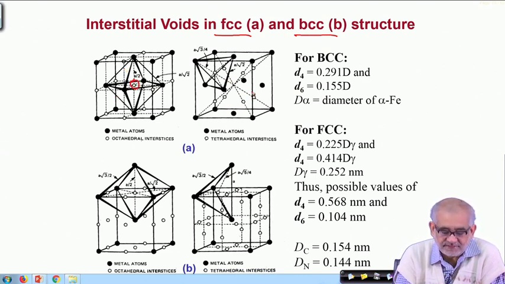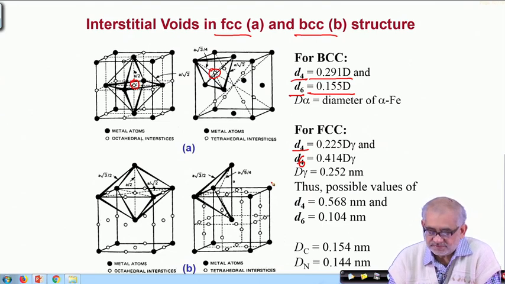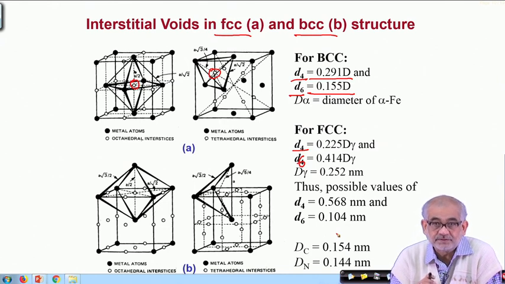So in case of FCC, this is how we can calculate the size of the void, and if this is the diameter of the iron atom in the BCC form, this is how one can calculate the tetrahedral or the octahedral void size for BCC iron. Similarly, for FCC, we can calculate the tetrahedral and the octahedral, I'm sorry, this should be the octahedral void size, for carbon or any other interstitial atom to come and squeeze in.